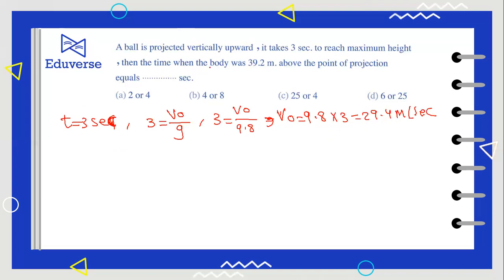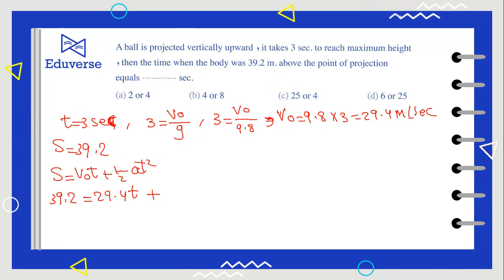Okay, then the time when the body was at 39.2 meter, I want to find it. That's a distance. I have a distance equal 39.2. I have a rule S equal V naught T plus half A T square. 39.2 equal V naught is 29.4 T plus, here I have gravity, half.